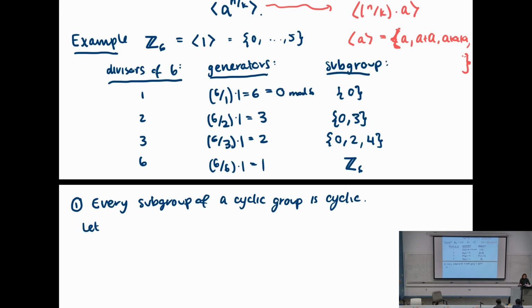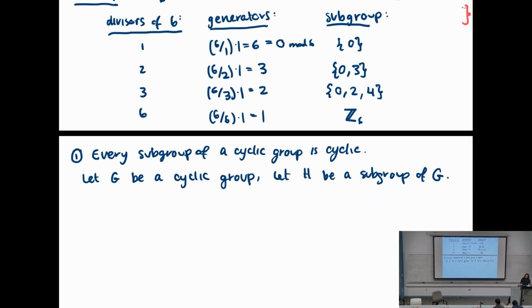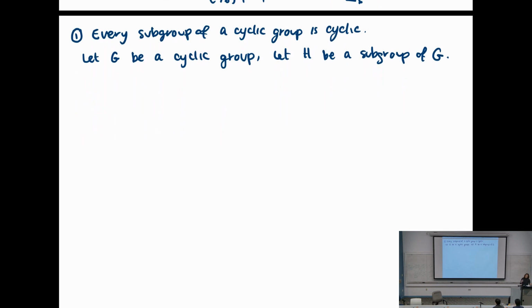So we're going to let G be a cyclic group and let H be a subgroup of G. Okay, so then we need to show that H is cyclic. To start off, I'm just going to eliminate the case that H is the trivial group. If H is just the group containing the identity, then it's already cyclic.